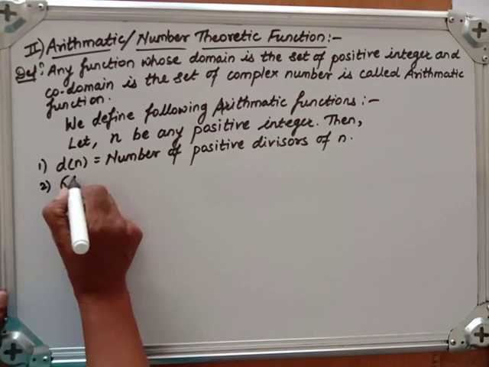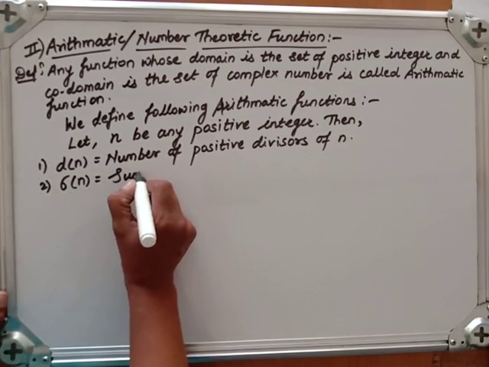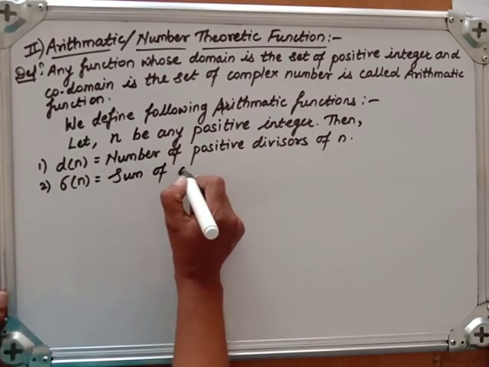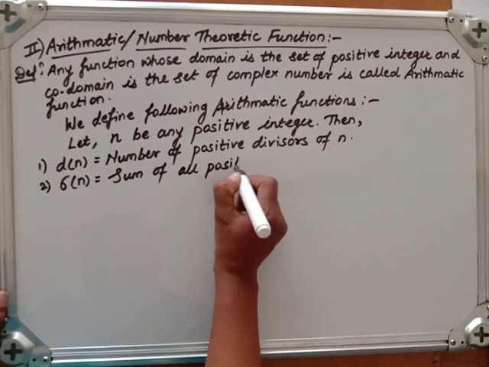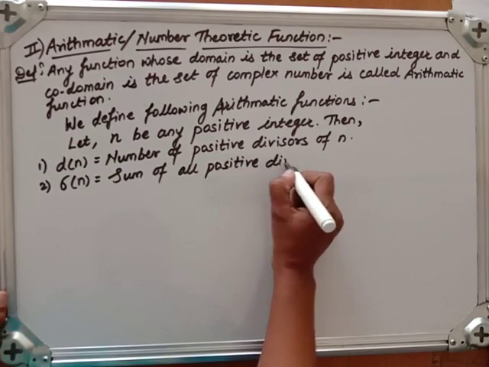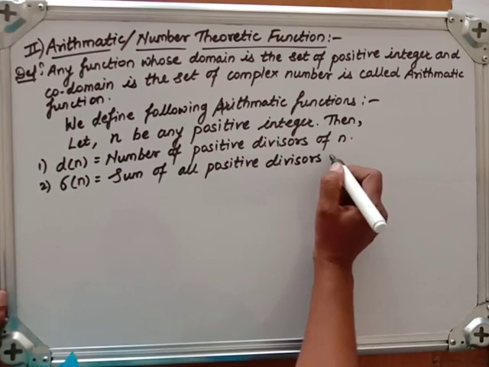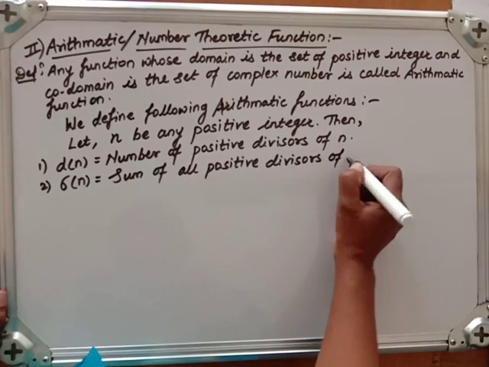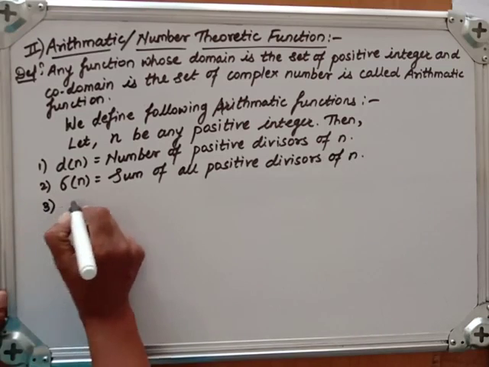Second, sigma(n). Sigma(n) is the sum of all positive divisors of n.